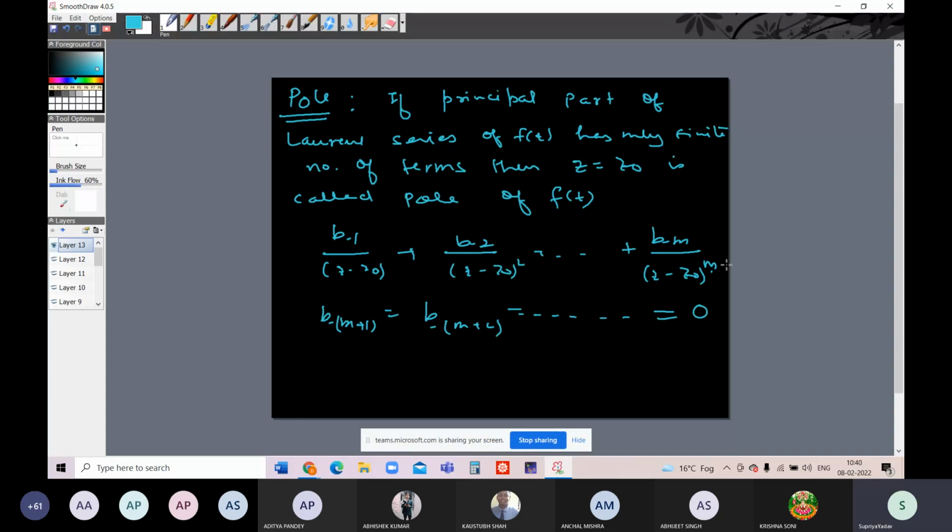So beyond this mth term, all the coefficients will be 0. In that case, we will say that z is equal to z naught is an isolated pole of the function.